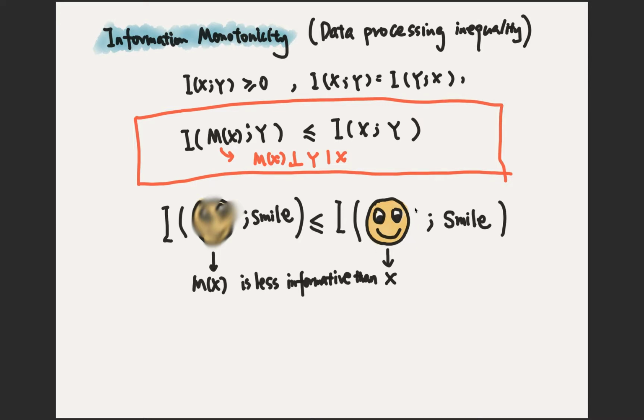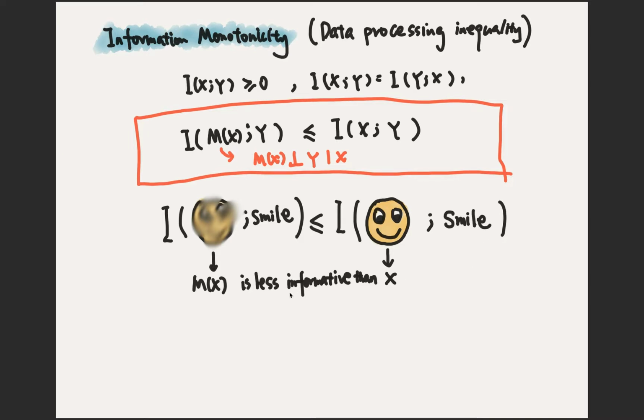So if you have a smiling face emoji, and you process this image, in this case the mutual information between this processed emoji and the text of smile will be smaller than between the original emoji and the text of smile.